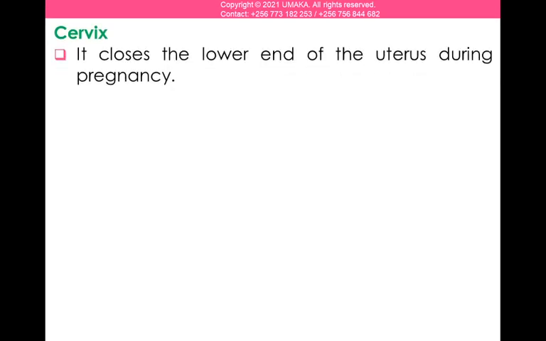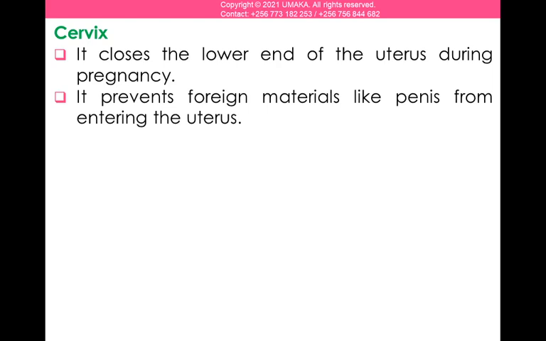Then cervix, it closes the lower end of the uterus during pregnancy. Under the signs of pregnancy, we said the cervix closes up. Now, what does it close? It closes the lower end of the uterus during pregnancy. The cervix also prevents foreign materials like the penis from entering the uterus.